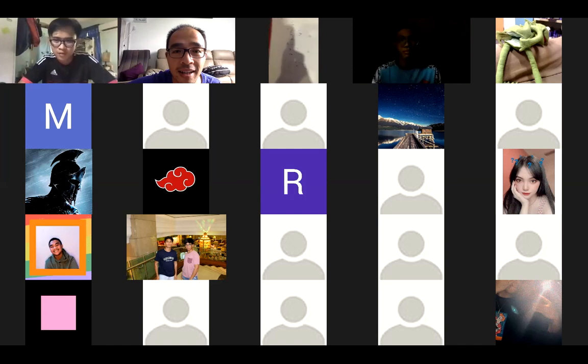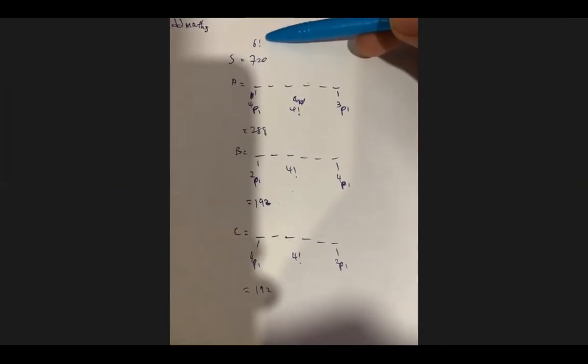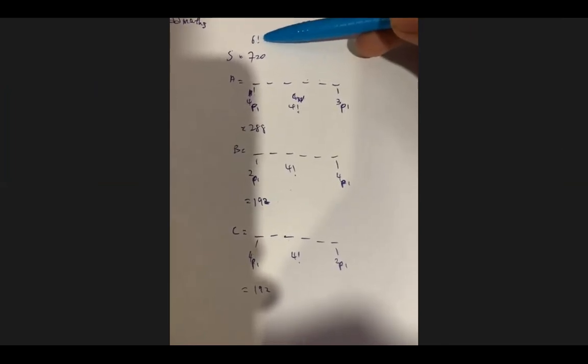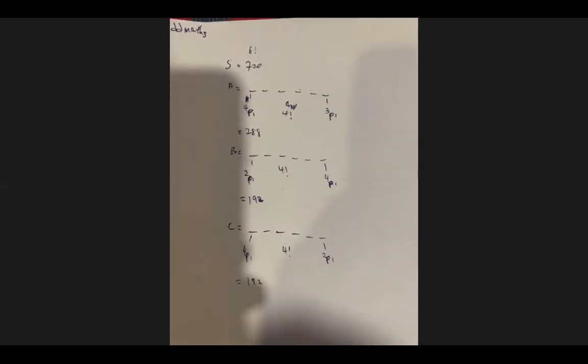Hi guys. Can you see? Okay, so for S, like everyone knows, it's just 6 factorial. S is the easiest one. For A, B, and C, it's almost the same.